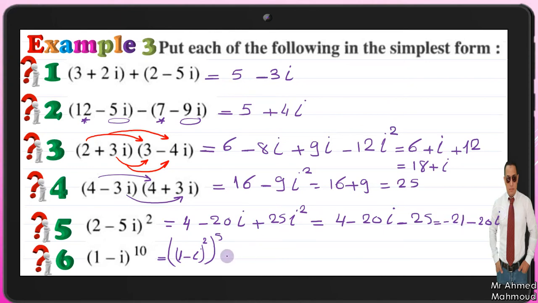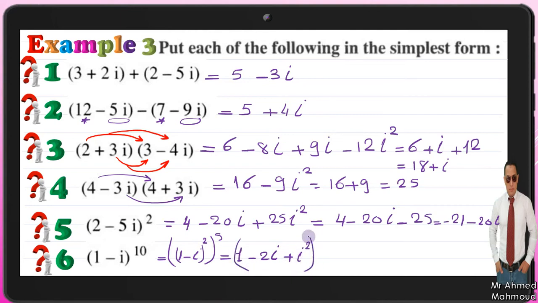Okay, it will be 1 to the power of 2 equals 1, 2 times first times second equals negative 2 times 1 times i, which equals negative 2i, and negative i to the power of 2 equals positive i to the power of 2.